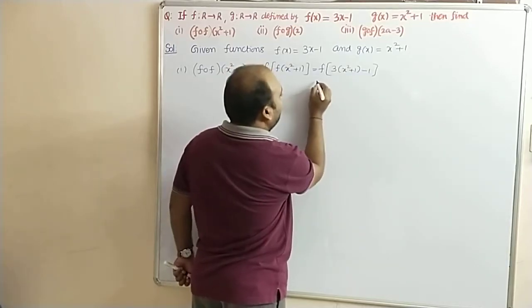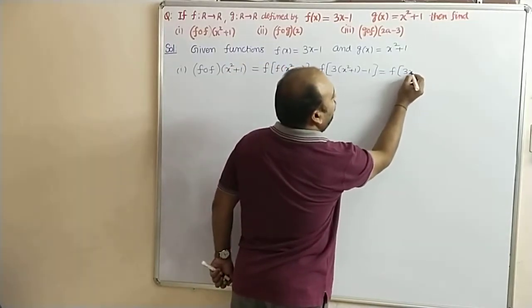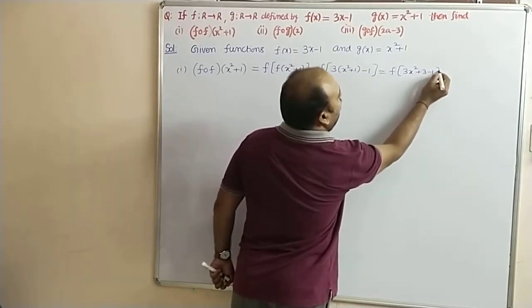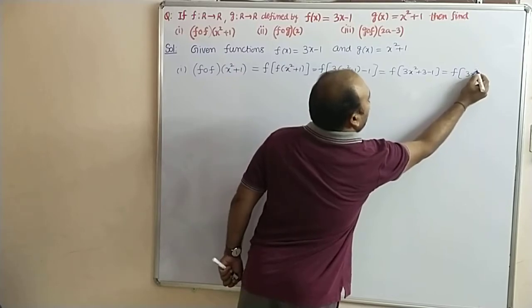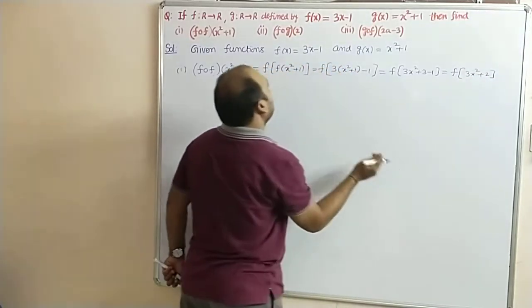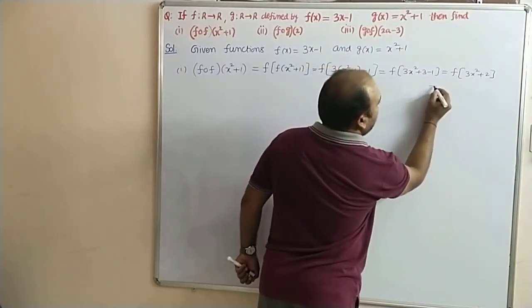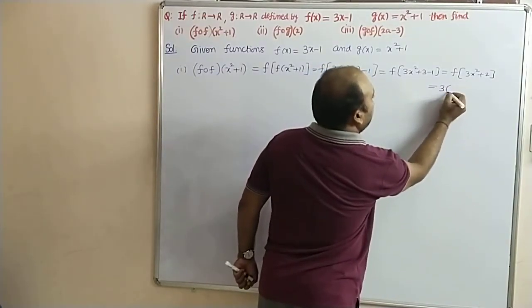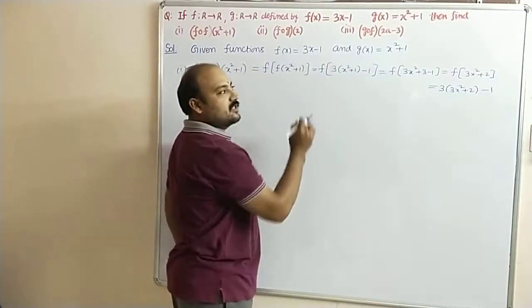Now simplify. f of 3x square plus 3 minus 1, which is equal to f of 3x square plus 2. But still f of x is there. Again in place of x put 3x square plus 2, which is equal to 3 into 3x square plus 2 minus 1. 3x minus 1 is the function.